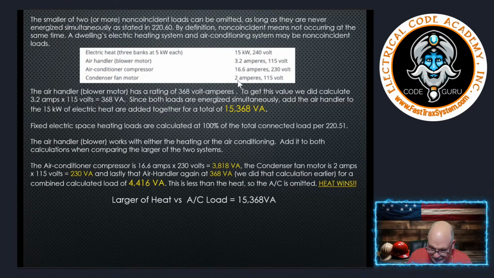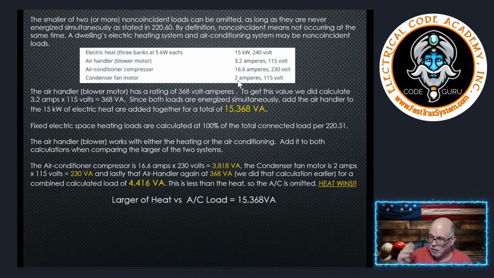So I'm going to take that 3818 times 1.25, which is 4772.5, plus 230 plus the 368. That is 5,370.5. Even if I rounded that to 5,371, it is nowhere near the heat. It's not even really a third of the heat. So guess what? I get to take that air conditioning load and get rid of it. It's gone. I'm going to go with the heat.